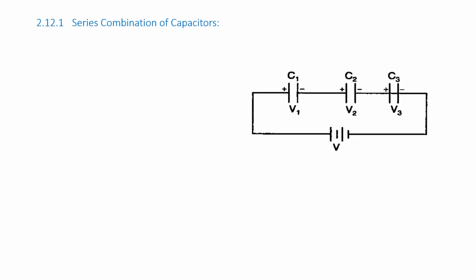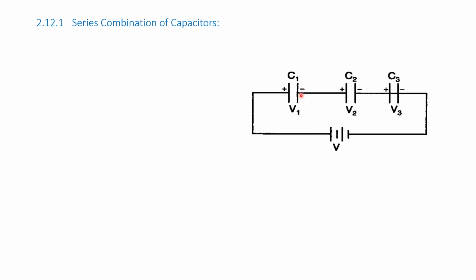Please see the diagram shown. Here there are three capacitors C1, C2 and C3, all connected together in the system shown in the figure. Here the plus plate of one capacitor is connected to the plus side of the potential.